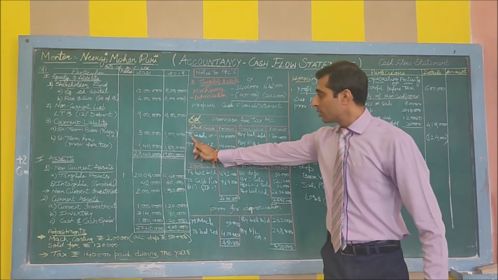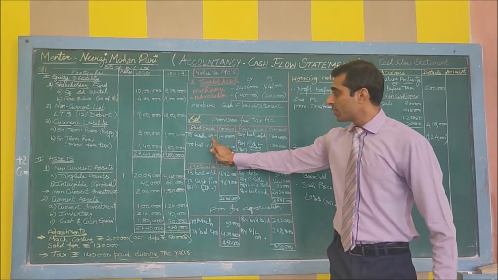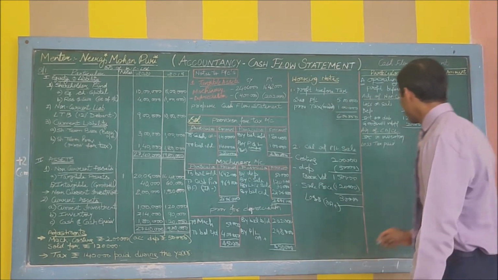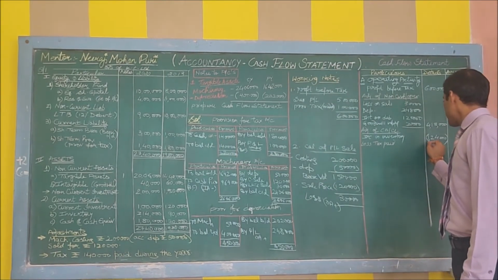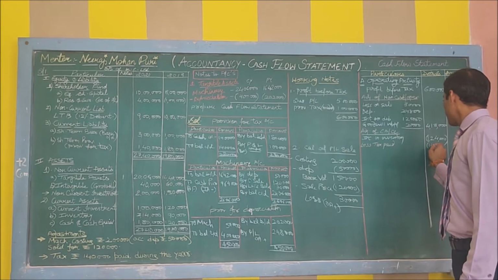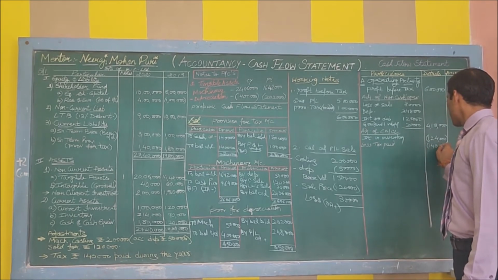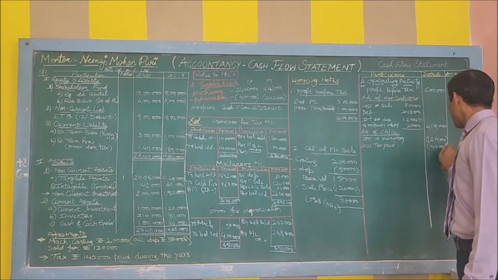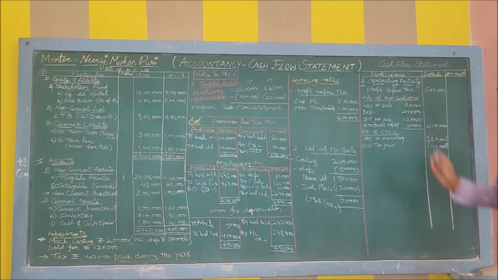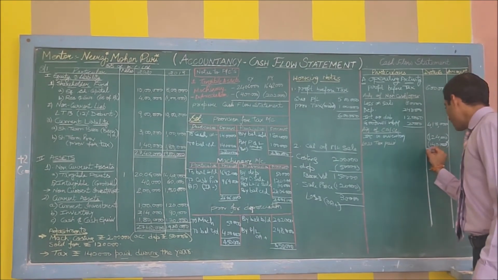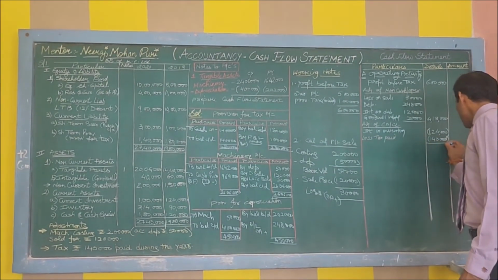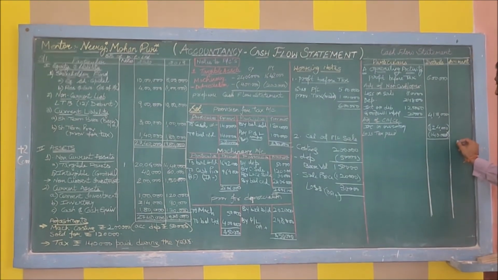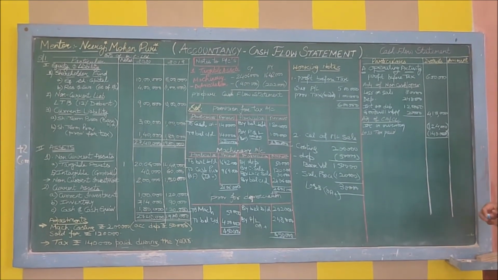Here it is written cash operating activity minus. So this item of 1,40,000 will be brought here. This is a negative item again, 1,40,000. With this we have completed our first activity, that is operating activity. So this will be closed here. Its answer will be written in the amount column in the next line.